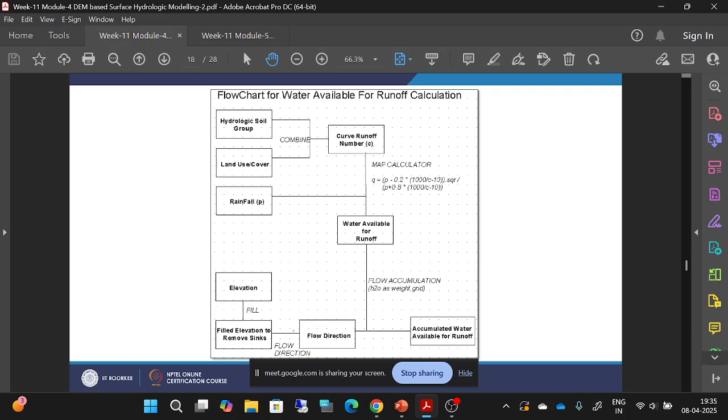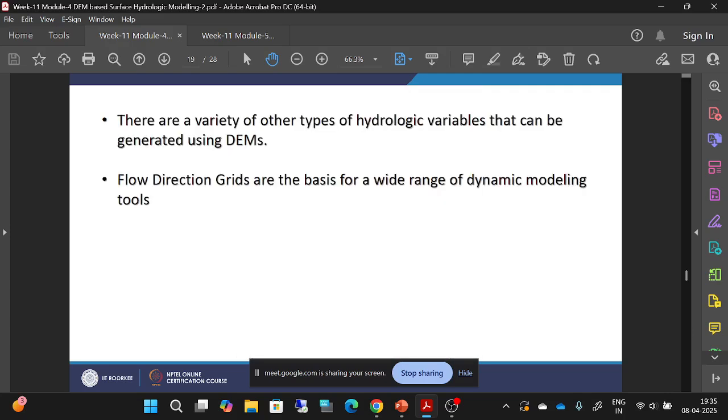So these calculations are very important from a flooding point of view, modeling point of view. There may be many other types that can be generated using the digital elevation model. There are a variety of hydrological variables that can be generated using the digital elevation models. Flow direction grids are the basis for a wide range of dynamic modeling tools.